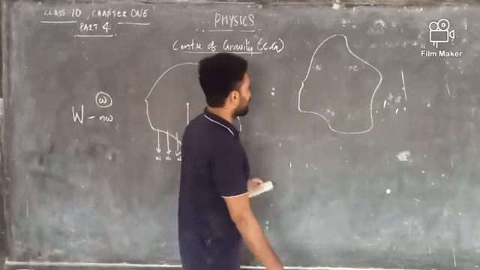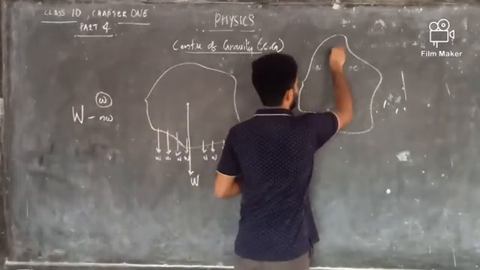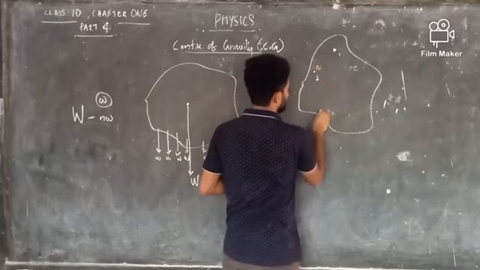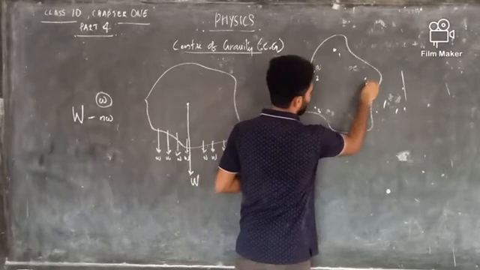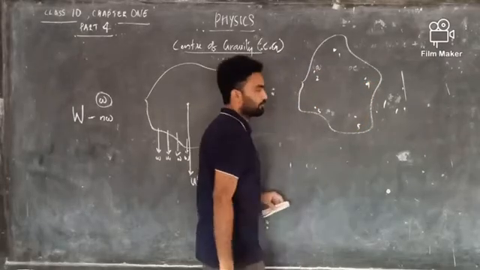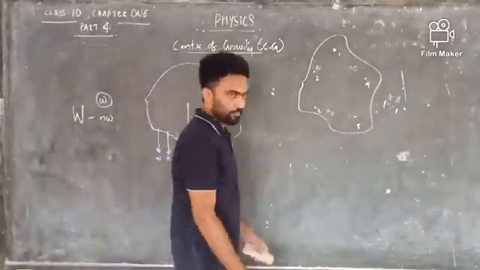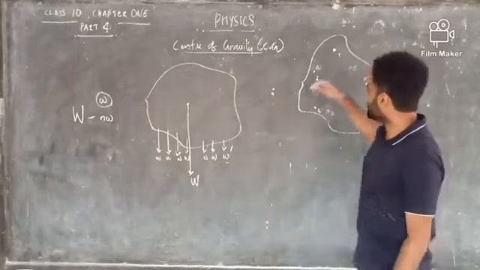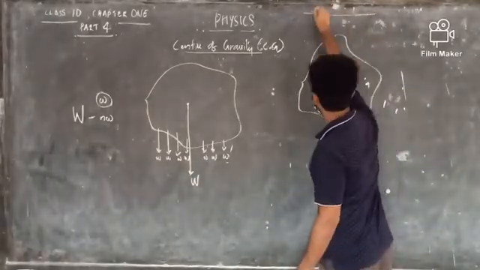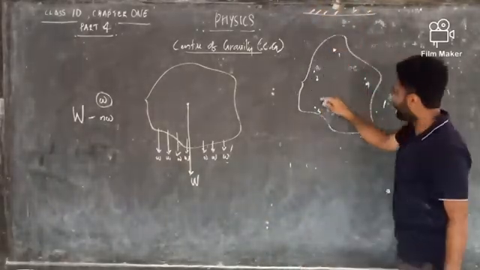For that, we can mark some points 1, 2, 3, 4, 5, like this, make some holes on that body, and with the help of a string, we can hang this body on a platform at different points.